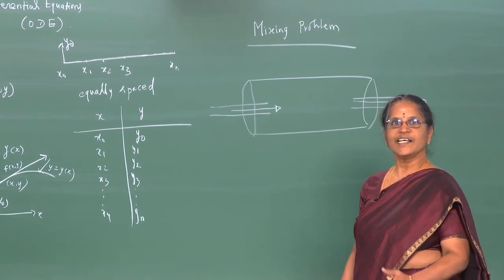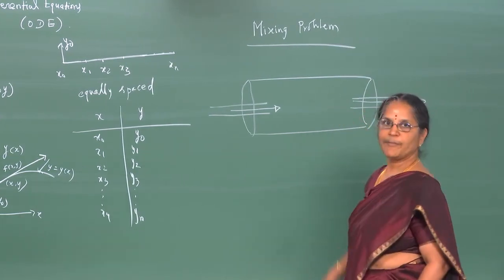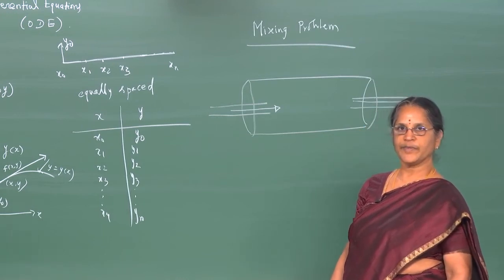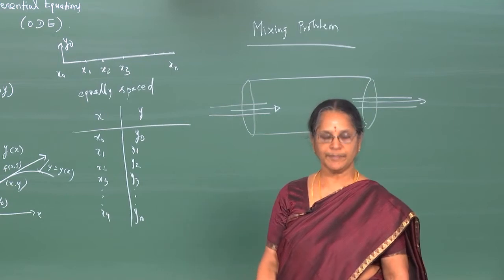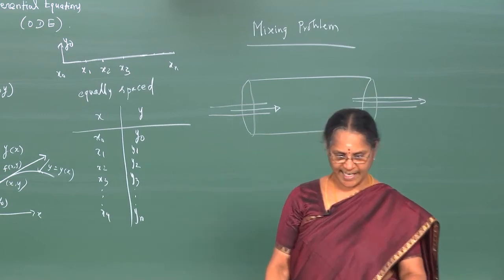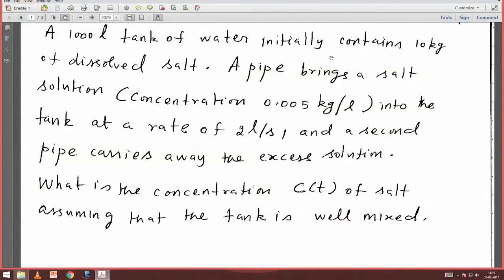So, let us elaborate on this problem and see how we can model. So, please look at the monitor for the problem. Let us take a 1000-liter tank of water that initially contains 10 kilograms of dissolved salt.